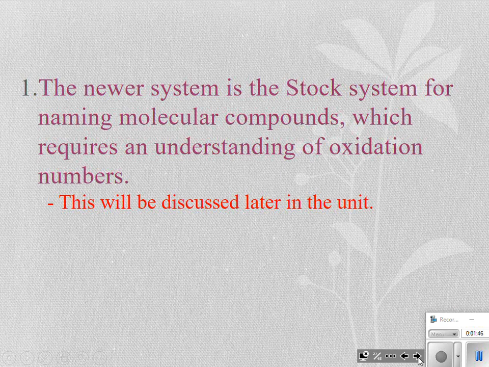But later on in the unit, we will talk about oxidation numbers, and we will use a stock system. Now, you've already used a stock system dealing with cations, so you will use one dealing with these binary molecular compounds also. And the stock system is just the Roman numerals, if you remember that.